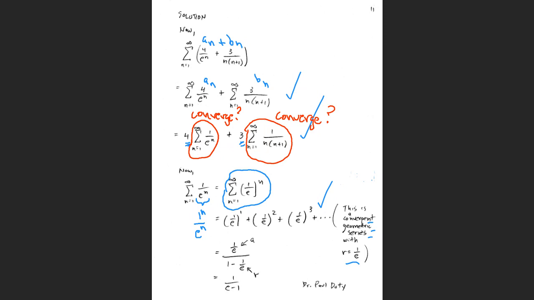All right, so let me just make a comment here. So the common ratio is the absolute value of the ratio, which is just itself, because 1 over e is less than 1. Okay, because e is Euler's number, and that's greater than 1.